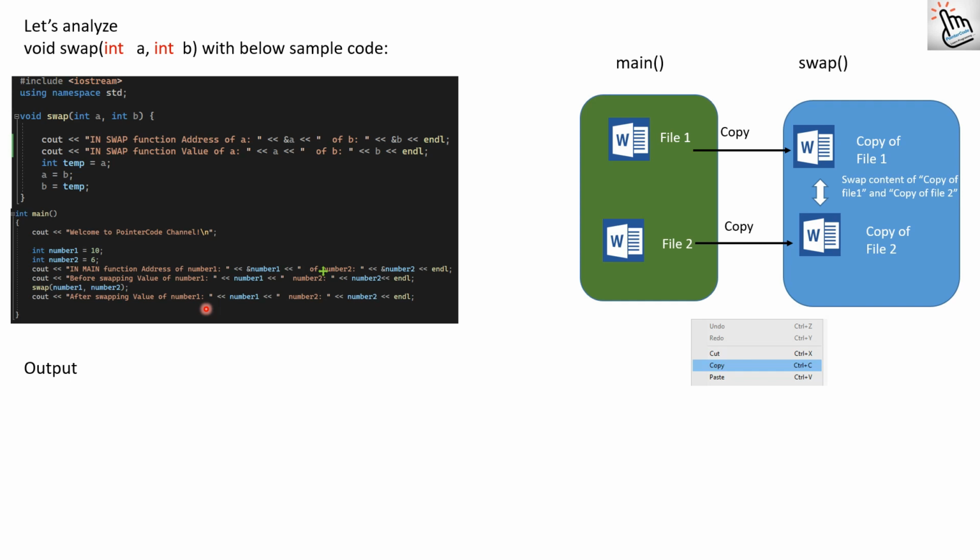Too easy to understand. You can imagine that pass by value is the same as copy and paste in Windows. We have two files, file 1 and file 2, but in the swap function we make a copy of file 1 and a copy of file 2.